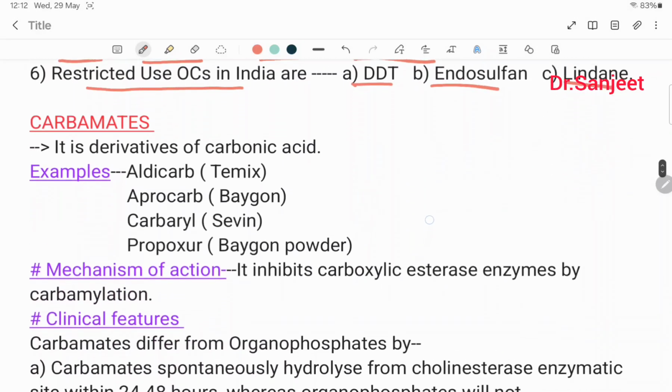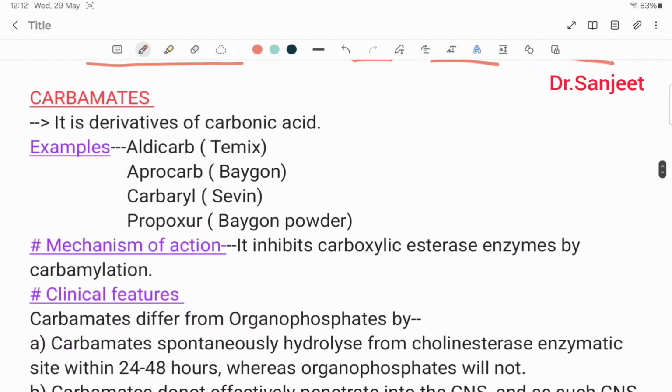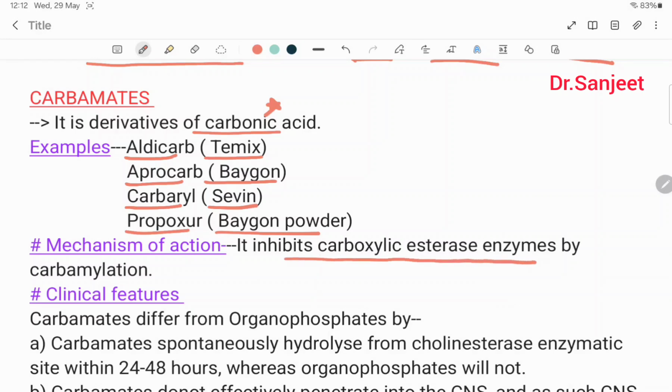Then carbamates: derived from carbamic acid. Examples: aldicarb, called Temik; aprocarb, called Baygon; carbaryl, called Sevin; propoxur, called Baygon powder. Mechanism of action: it inhibits cholinesterase enzyme by carbamylation.